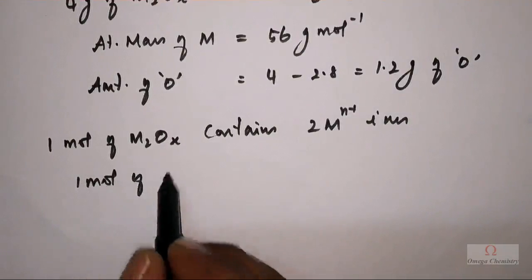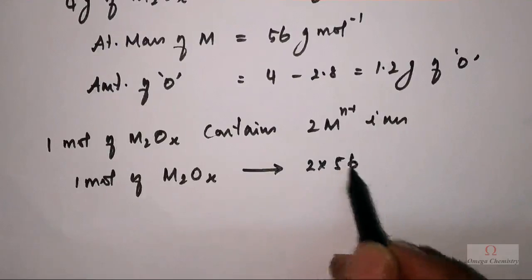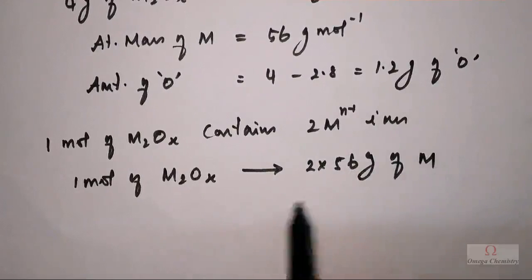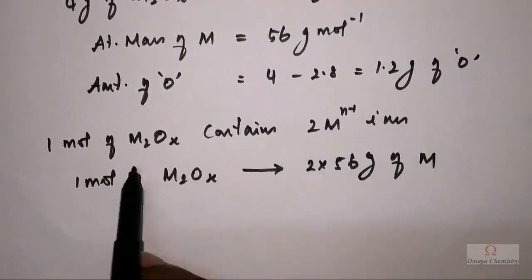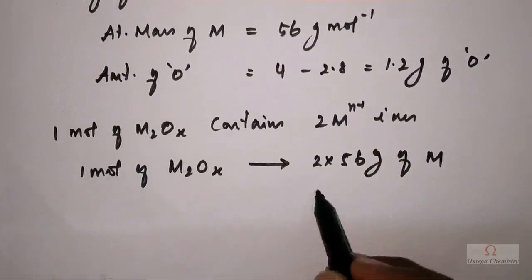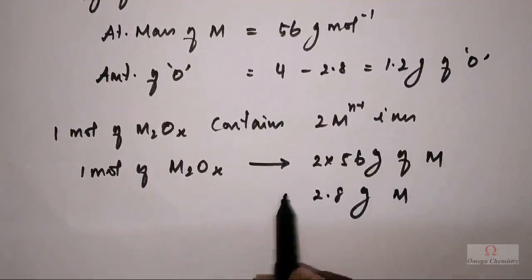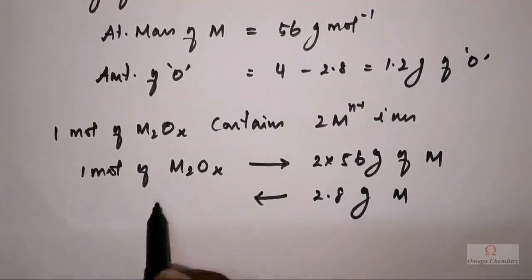So 1 mole of M2Ox weighs 2 into 56 grams of metal. Am I right? Because 2 metal ions are present in my metal oxide. So which means 2.8 grams of metal is how many moles? That's what I am going to find out.